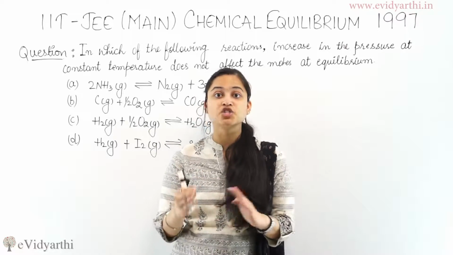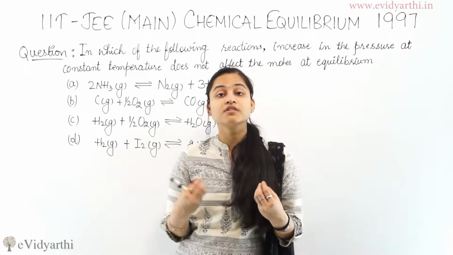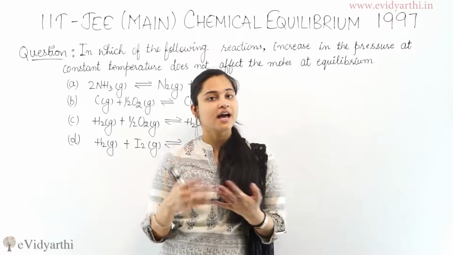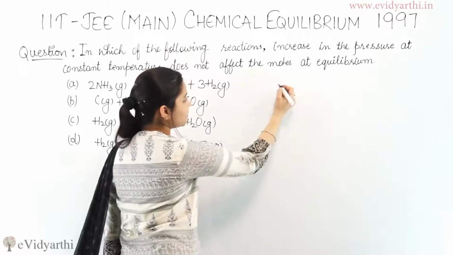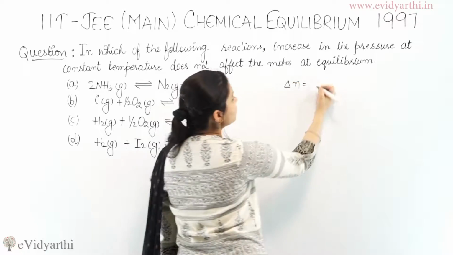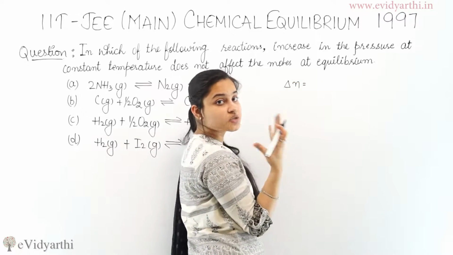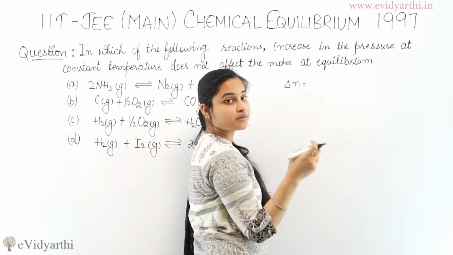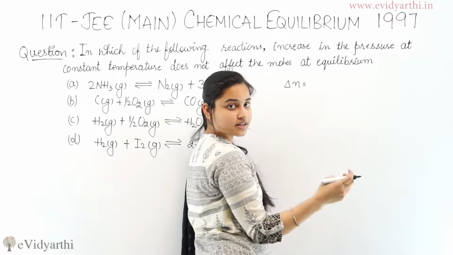Delta N is the change in the gaseous molecule between products and reactant. Okay, so we have to find out delta N in this question, which is the change in the gaseous molecule between product and reactant.